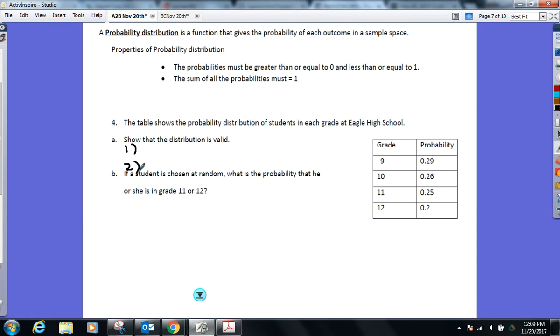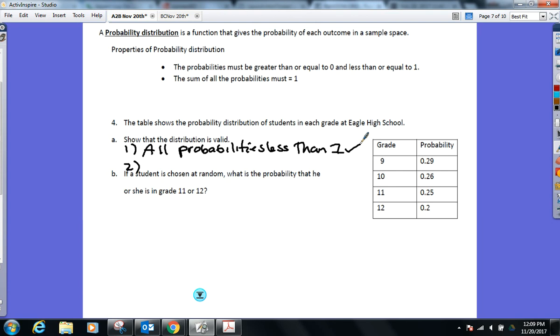Make sure all the probabilities are not bigger than 1. All right. 0.29, 0.26, 0.25, 0.2. We're good. All probabilities less than 1. If you see a 1.20 there, that's not a valid table. That table is not legit.